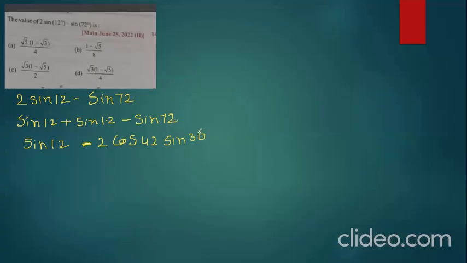And if you add those two, you are getting 84, 84 by 2 is 42. So I can write now: sine 12 minus 2 cos 42 into sine 30, which is 1 by 2. 2 cancels. Sine 12 minus cos 42.